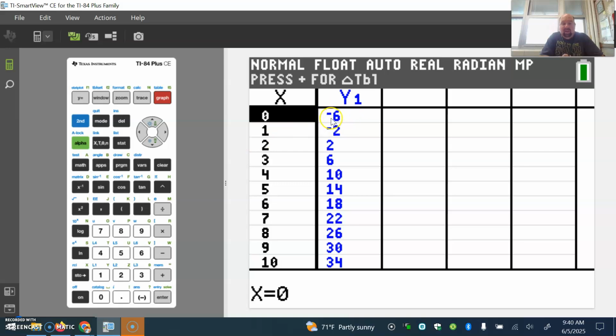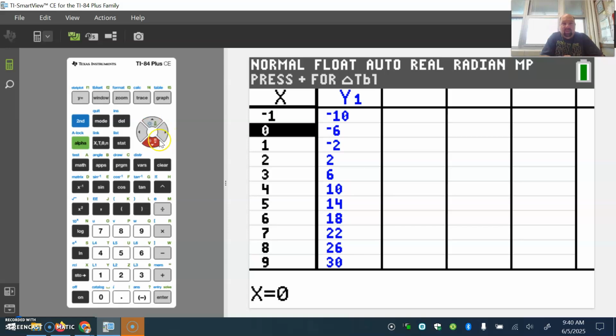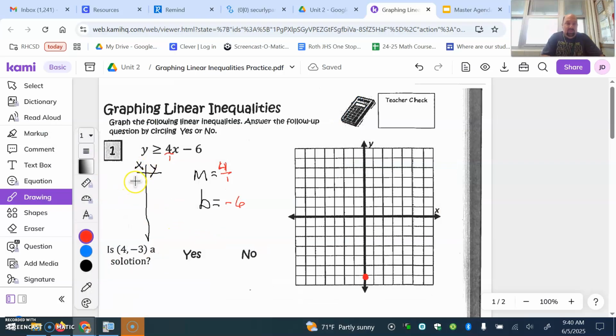And look, there's my y-intercept, the 0, negative 6. If I go up 1, that's actually not going to help me because I don't think I can fit negative 1, negative 10. But I can fit 1, negative 2, and 2, 2. So let me put those. So I know I already have 0 and negative 6, 1 and negative 2, 2 and 2.